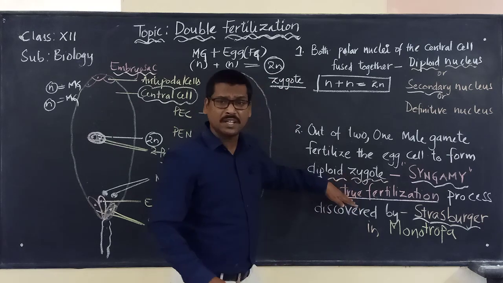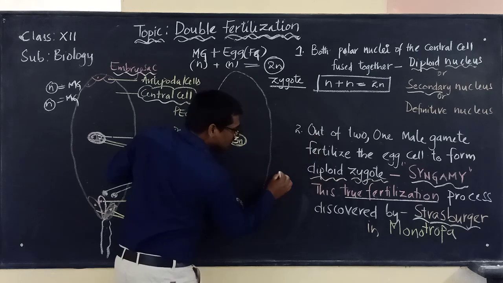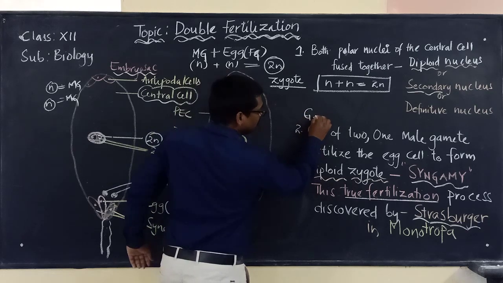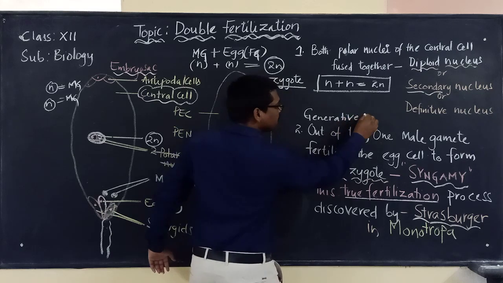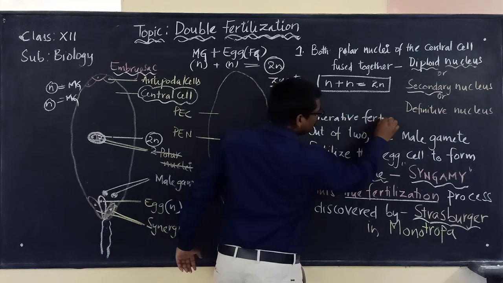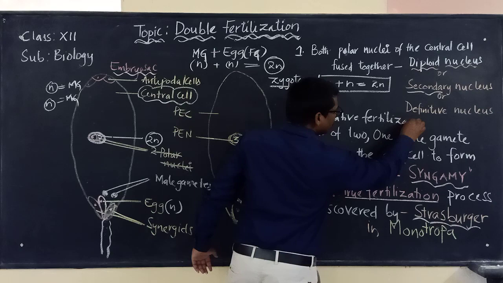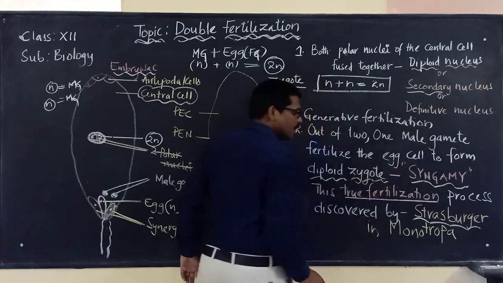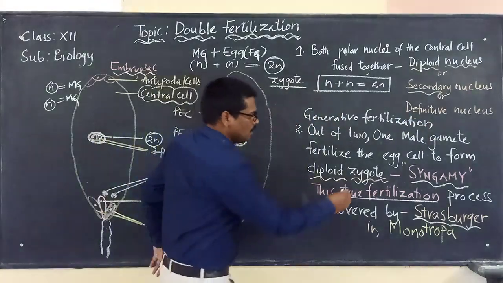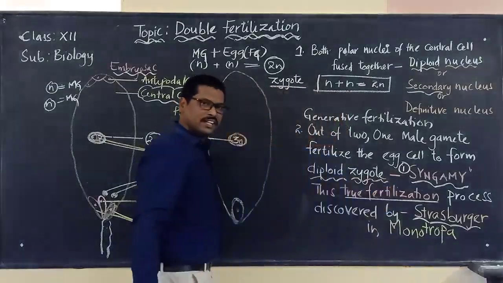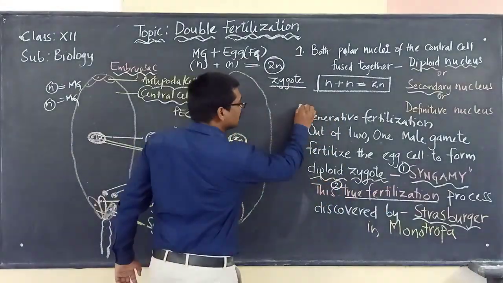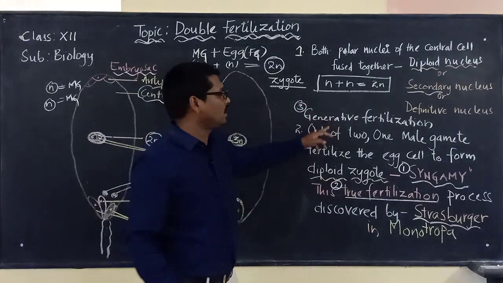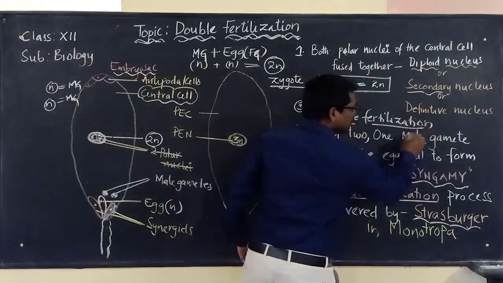There is another word for this fertilization called generative fertilization. Please remember this word also. So here we are coming across three words: first syngamy, second true fertilization, and third, for the same process, generative fertilization.